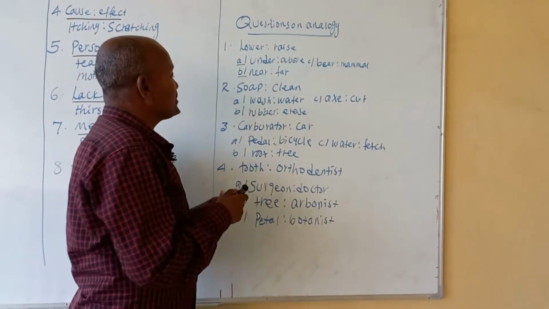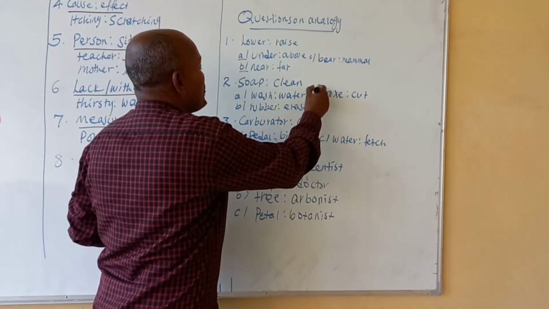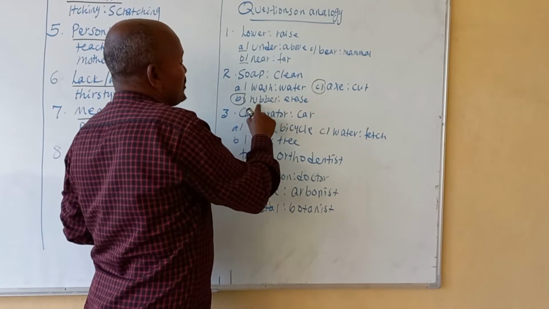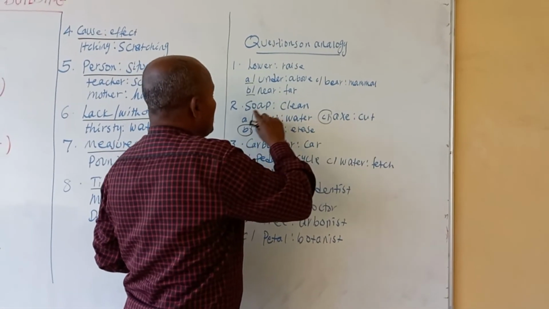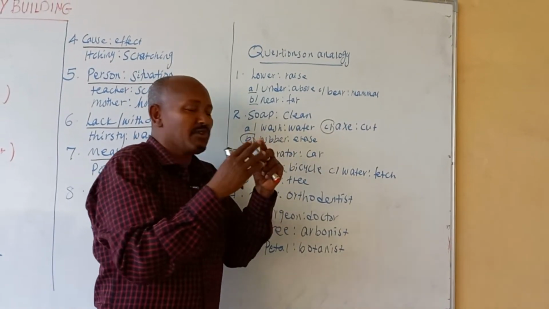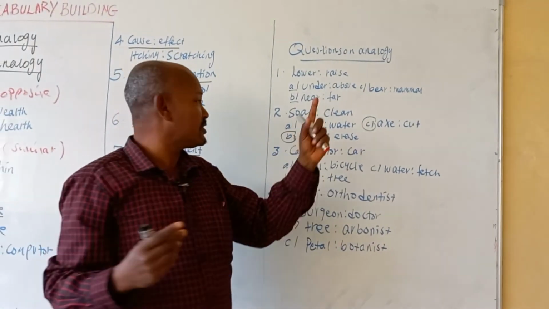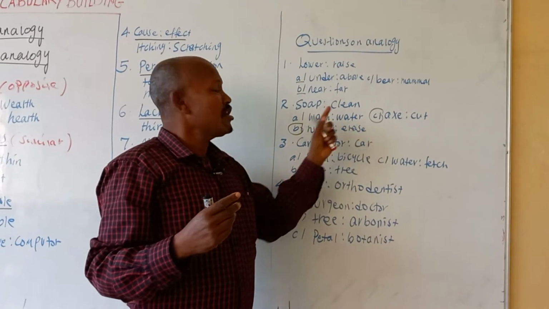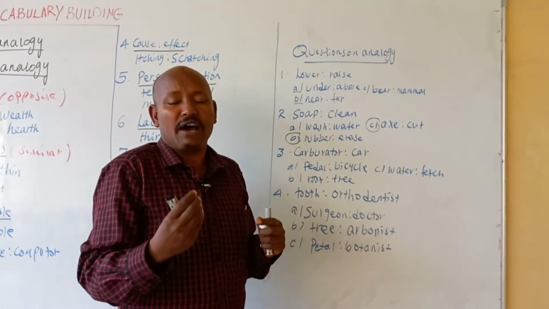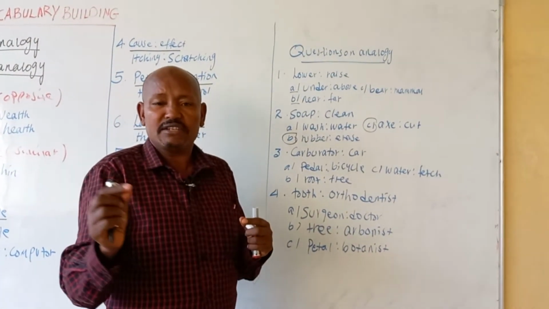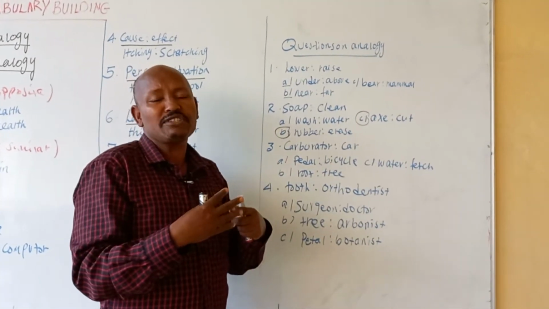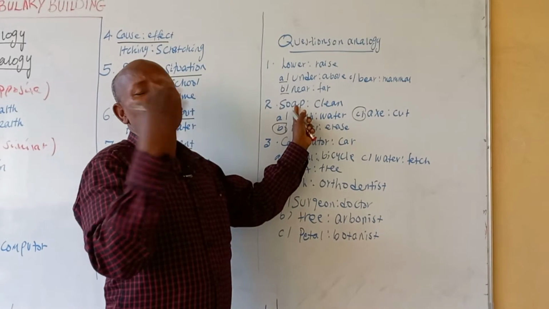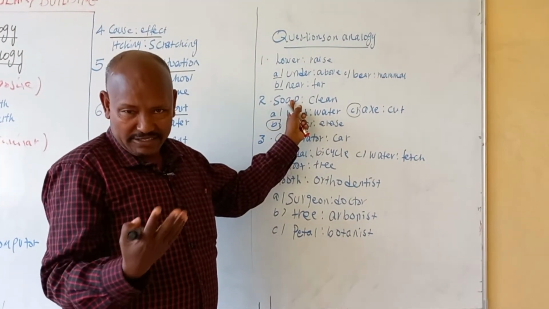So these two words have the same meaning as the first one, which is object with purpose, but the first pair of words doesn't show object plus purpose. So we simply identify the pair of words depending on how the first two words are correlated.